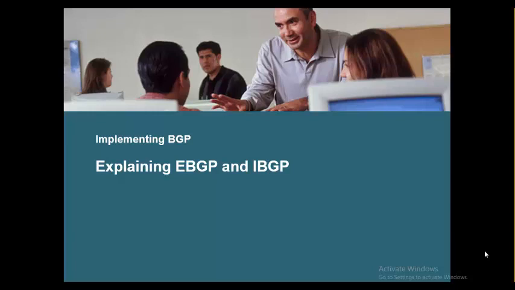Why should there be two different names for a single protocol? Because we have different policy within an autonomous system, and between autonomous systems we have different policy. So the behavior of BGP also should be different, and it is different. That's why the name is different.